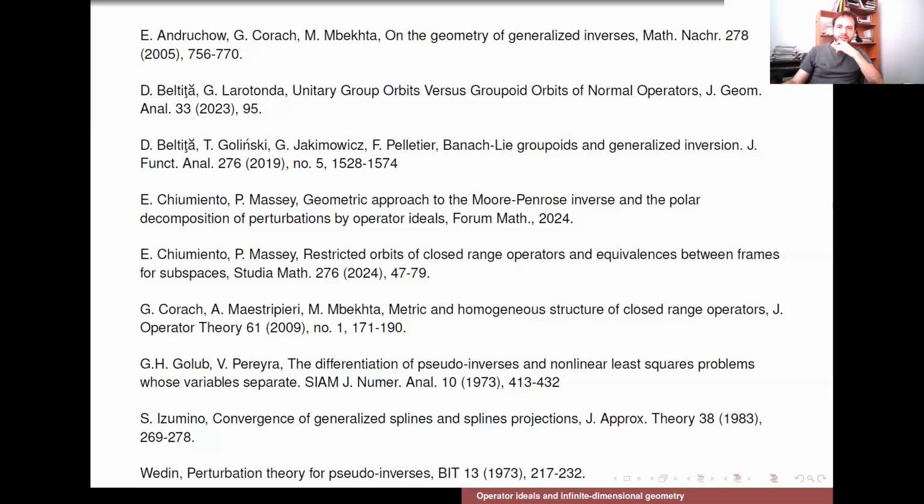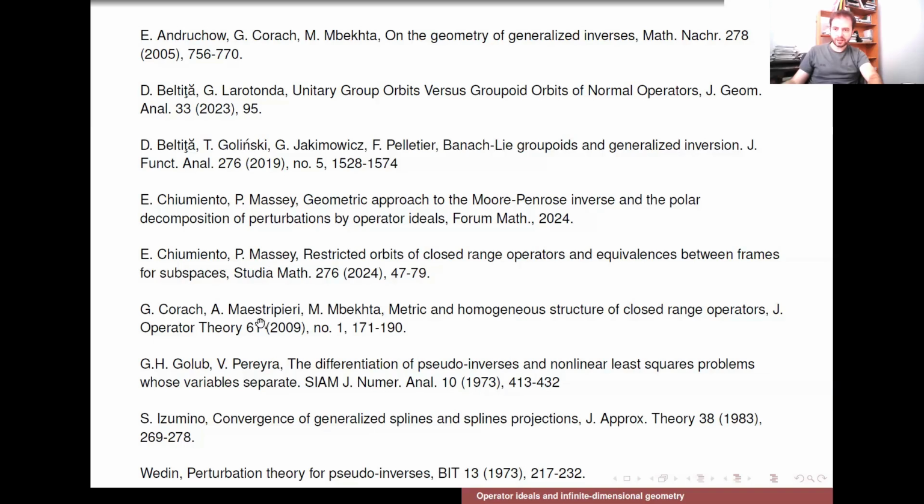I will end with these references. Here is the article by Andruchow, the article by Beltita and Larotonda, the article about Banach-Lie groupoids. This lecture is based on these two articles, which are joint work with Pedro Massey.